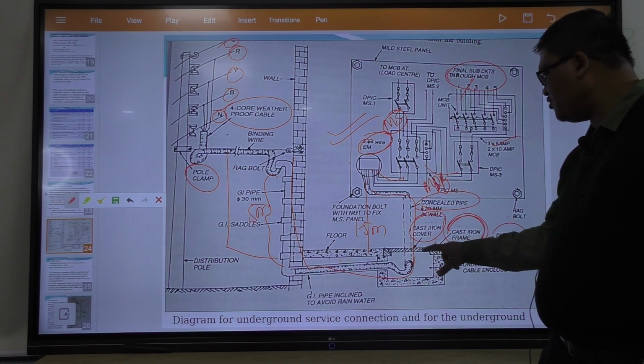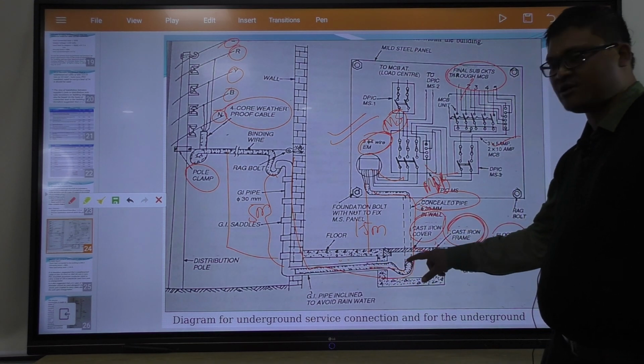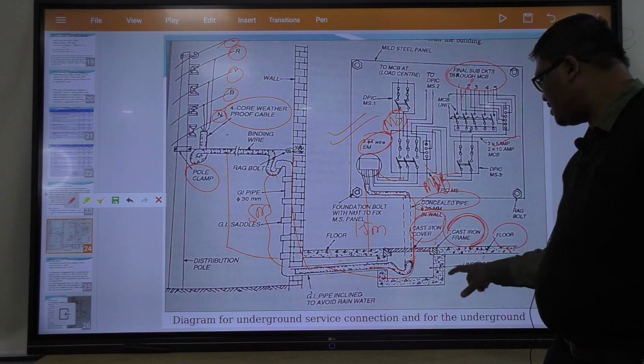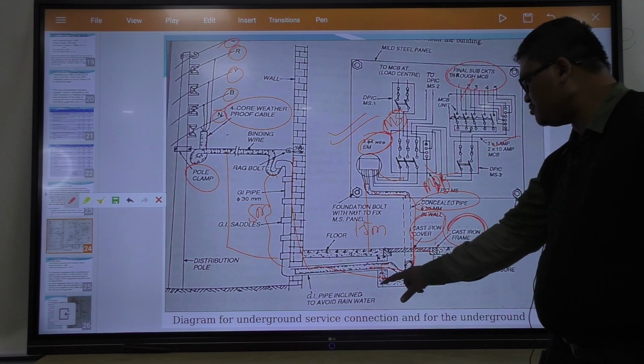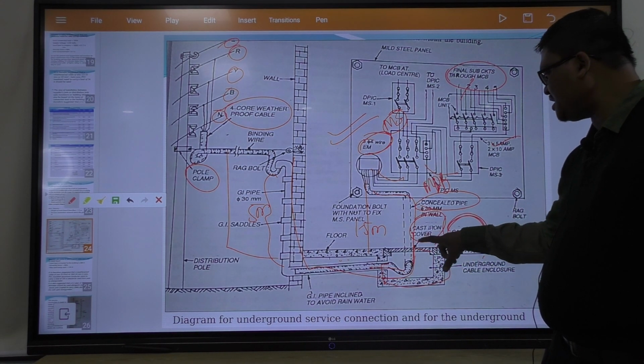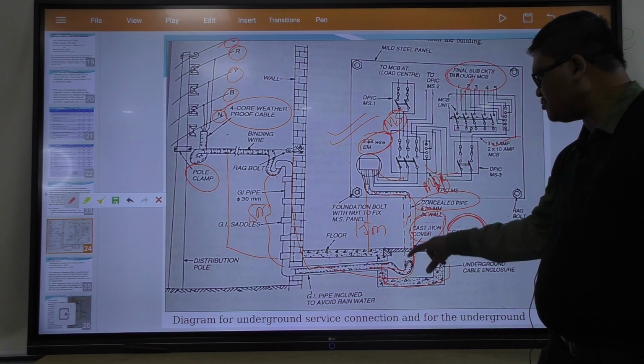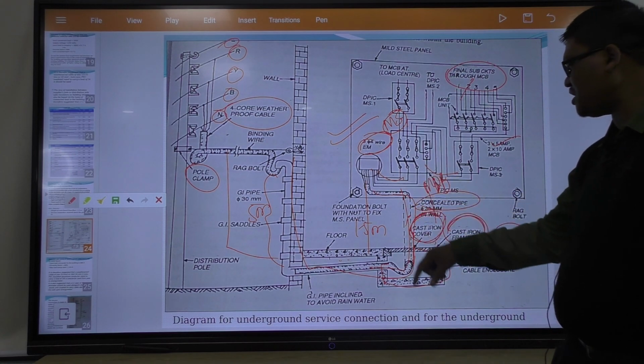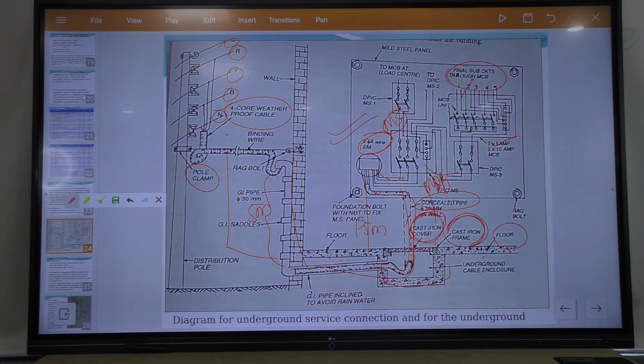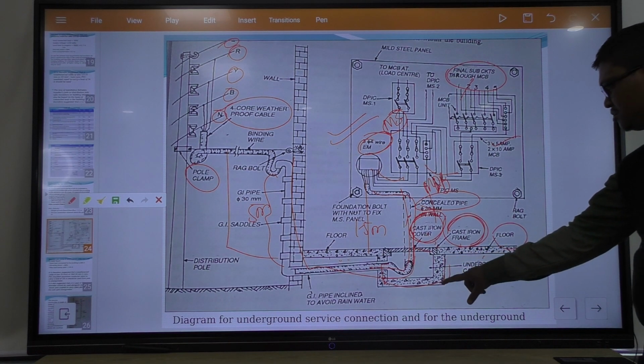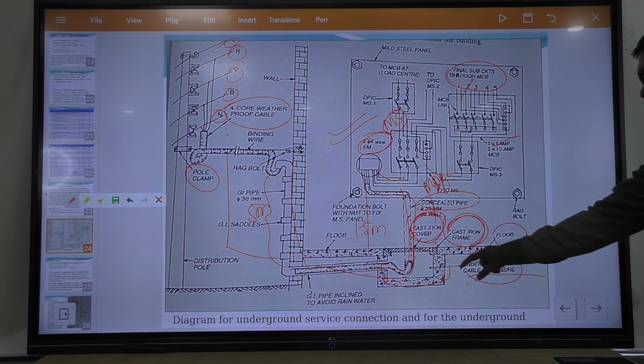The weatherproof cable coming below has this cast frame made, and after the weatherproof cable comes, an iron cover is put on top. This is the floor level underground cable enclosure.